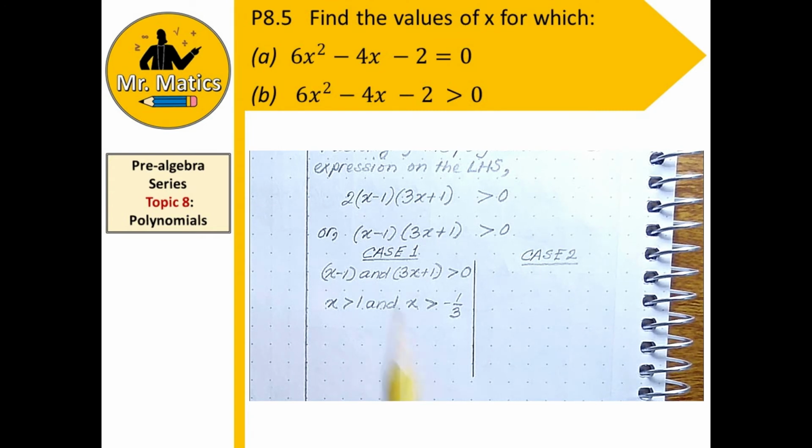Okay, so x greater than 1 and x greater than minus 1/3 together, if it has to be together, then it basically implies that x is greater than 1, because x greater than 1 satisfies both those inequalities. Okay, so that is one solution that comes out from case 1.